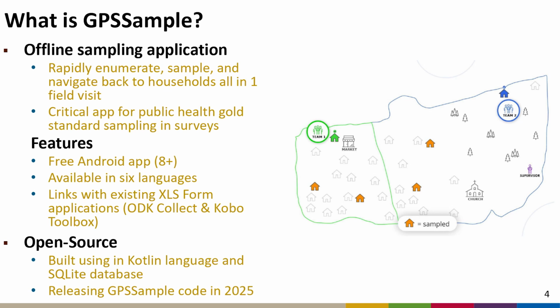In this context, you will see us make a lot of reference to household surveys, but these can be used beyond household surveys. Household surveys are just an example of how the tool can be used. The primary use of the tool is enumeration or listing, as some of us might call it, sampling, and of course navigation back to households, and all of that can be done in one single visit.